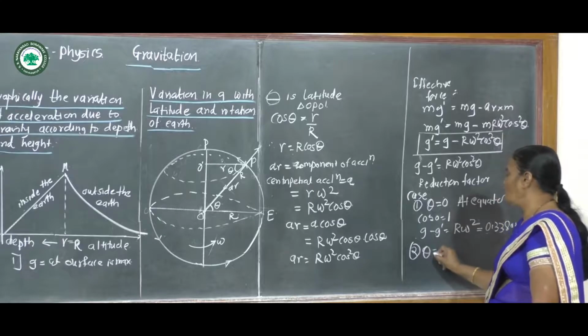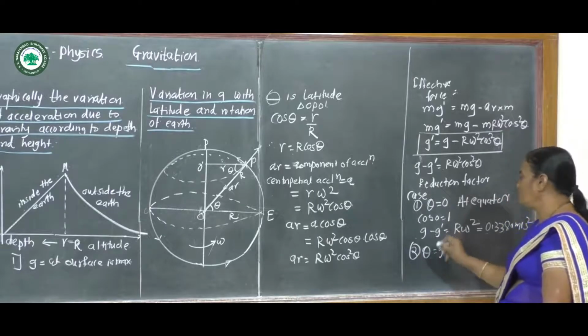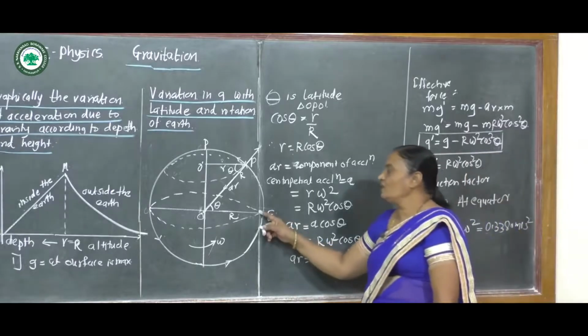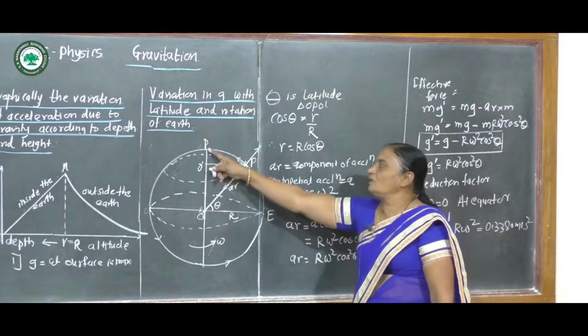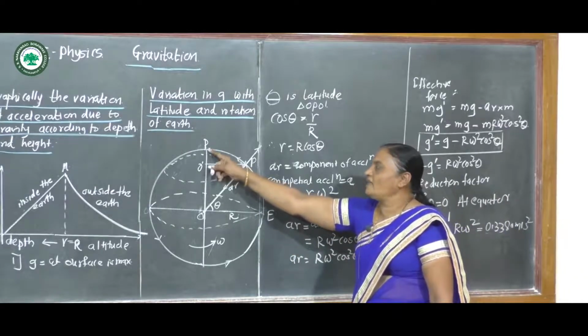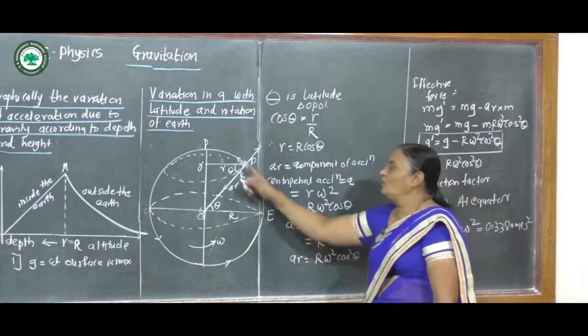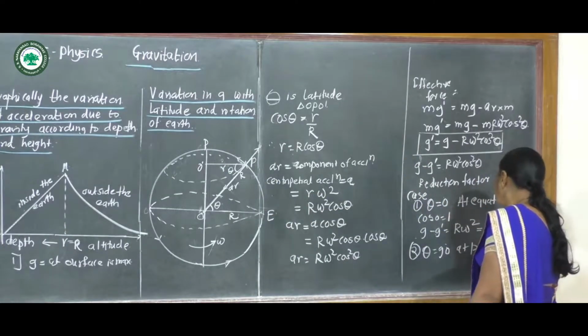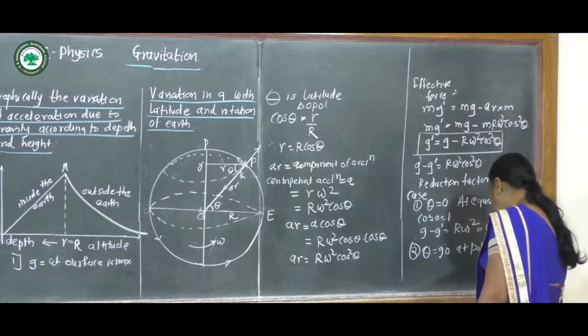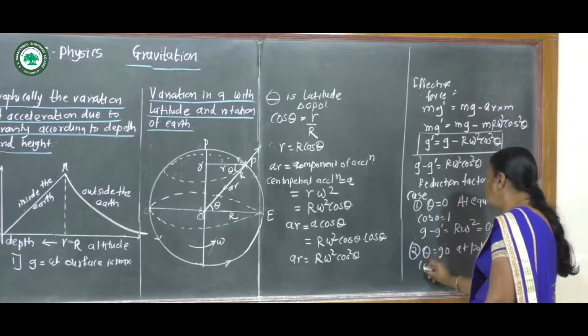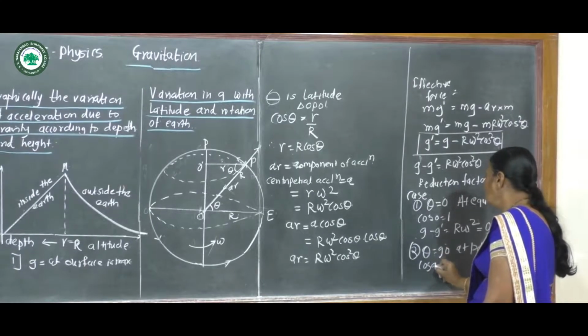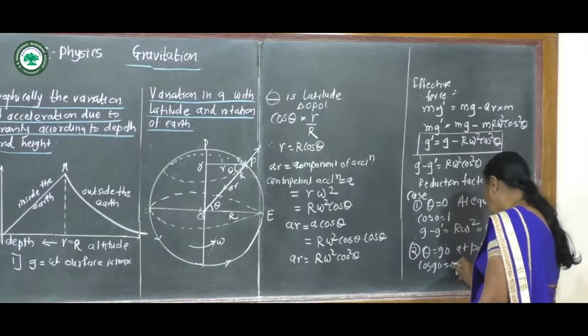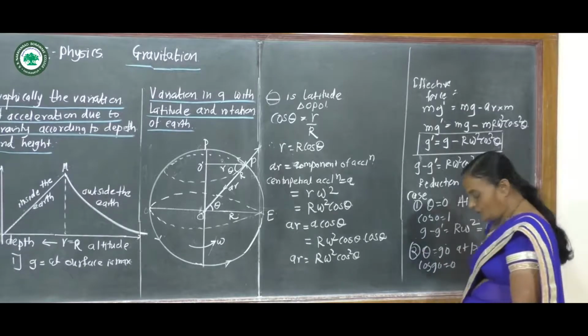Now we consider the second case. If theta is equal to 90, see in this figure theta is equal to 90 here. That is, at the pole theta is equal to 90, cos 90 is equal to 0.